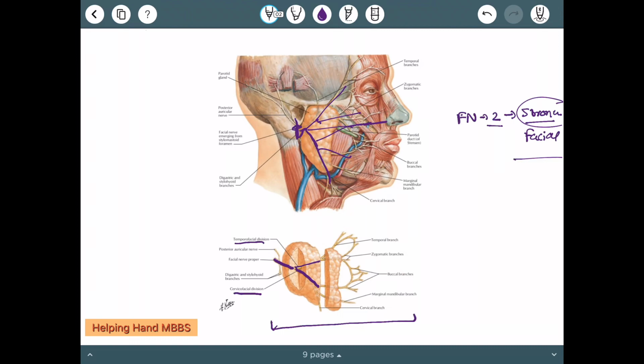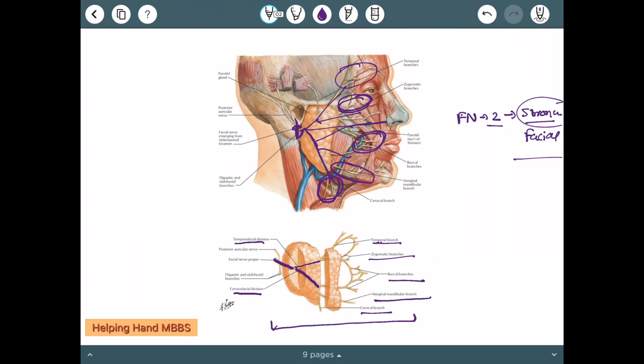Then it will give 5 more branches: the temporal branch, which will supply this temporal part; then the zygomatic branch, which will supply this zygomatic part; then the buccal branch, which will supply this buccal part; then the marginal mandibular, which will supply the margin of the mandible, that is this part; and the cervical branch, which will supply our cervical part.